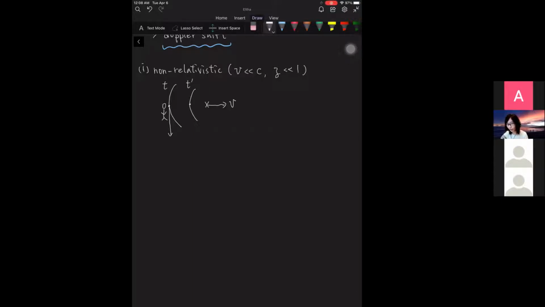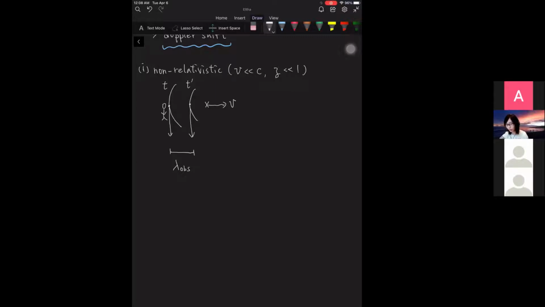We know that the wavelength is just the distance between two wave crests, right? So to calculate the observed wavelength in this case, we just need to know this distance. This distance is the wavelength we observed.